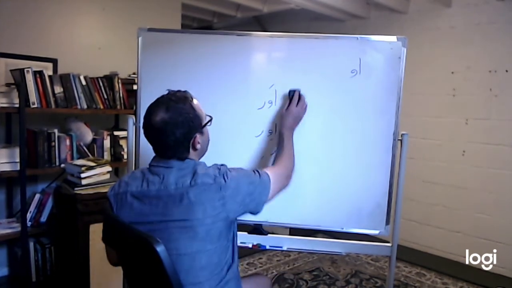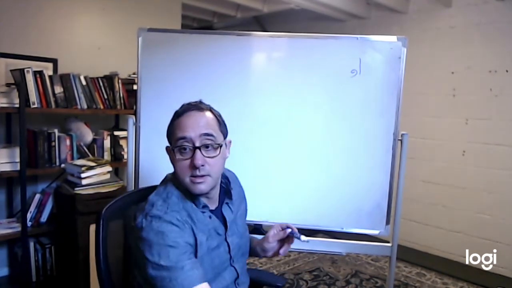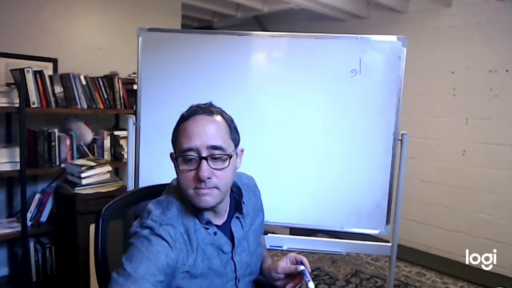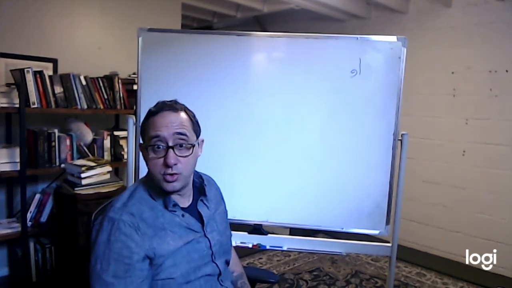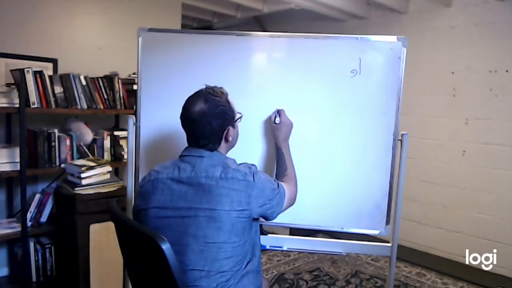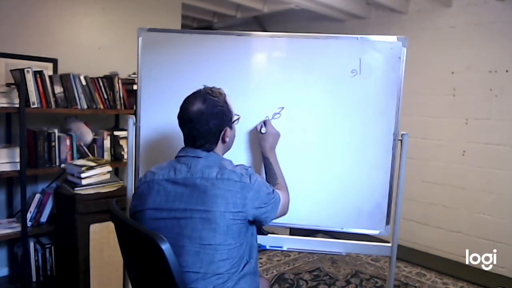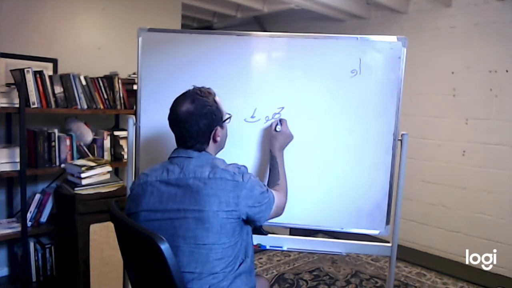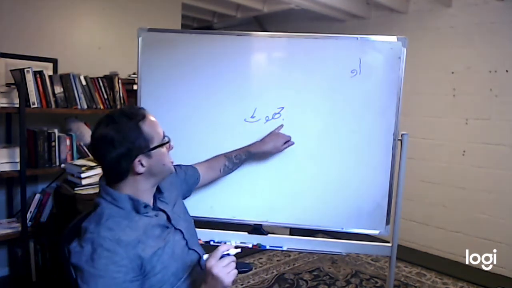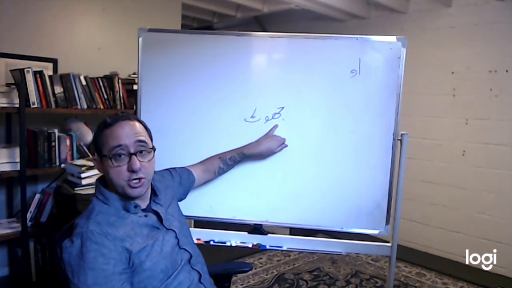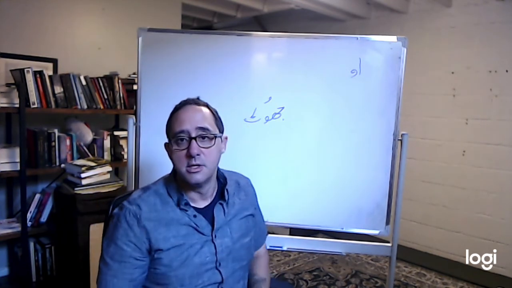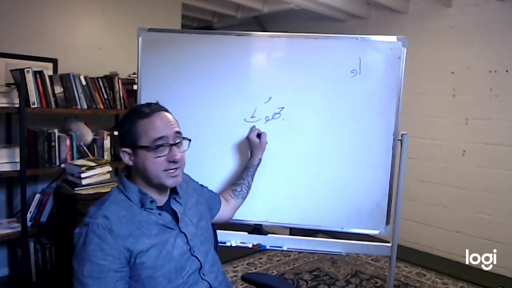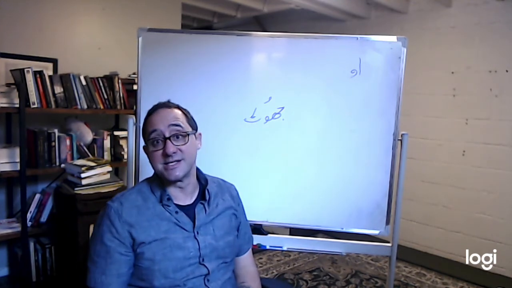In the middle, how does it show up? Jhuth, jhuth. Jha with aspirated. Jh, u, th, with a retroflex T. That means lie.